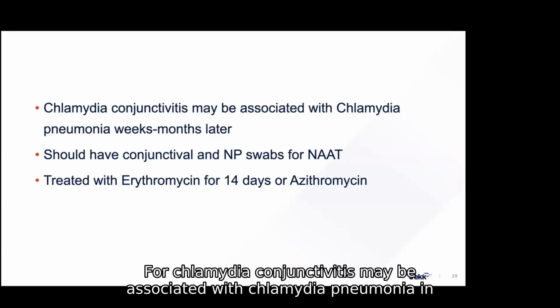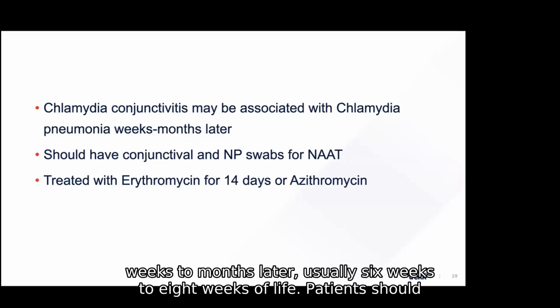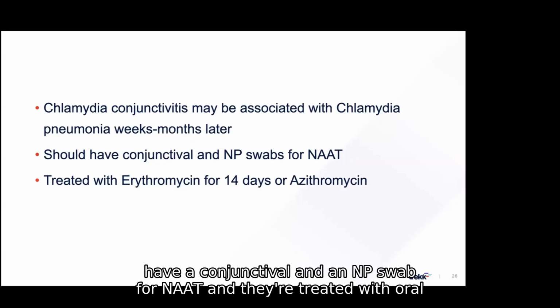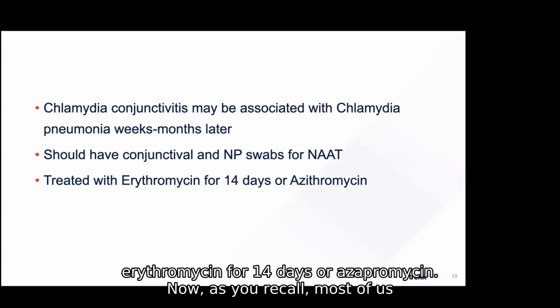For chlamydia conjunctivitis, it may be associated with chlamydia pneumonia weeks to months later, usually 6 to 8 weeks of life. Patients should have a conjunctival and an NP swab for NAAT, and they're treated with oral erythromycin for 14 days or azithromycin.